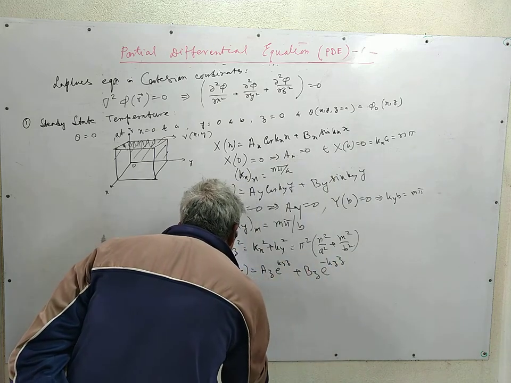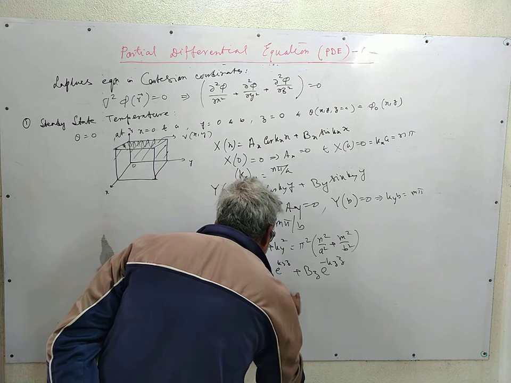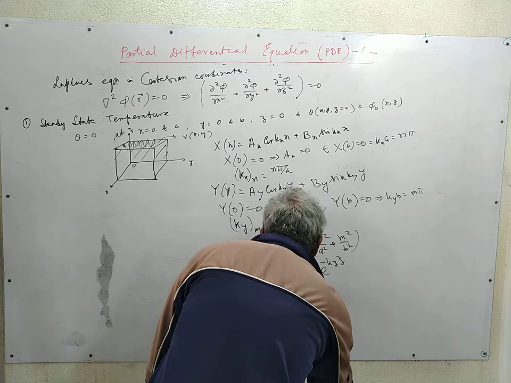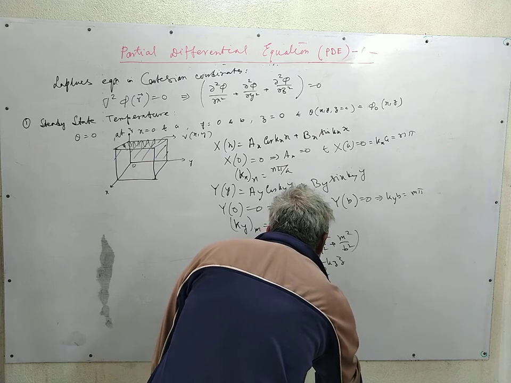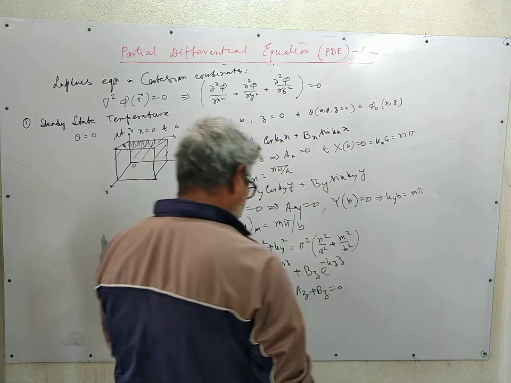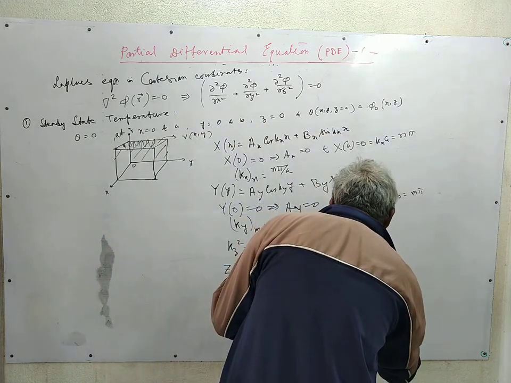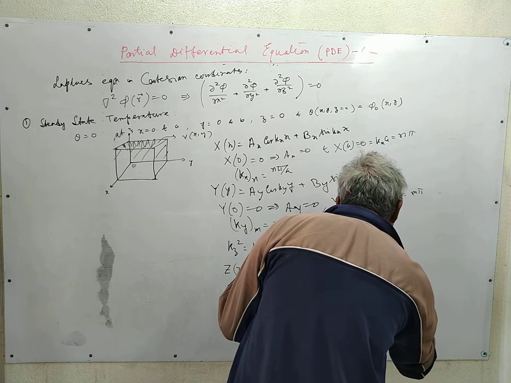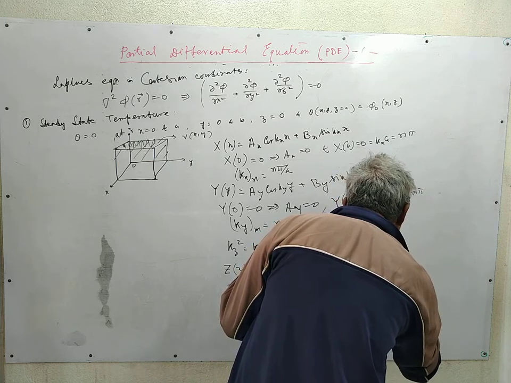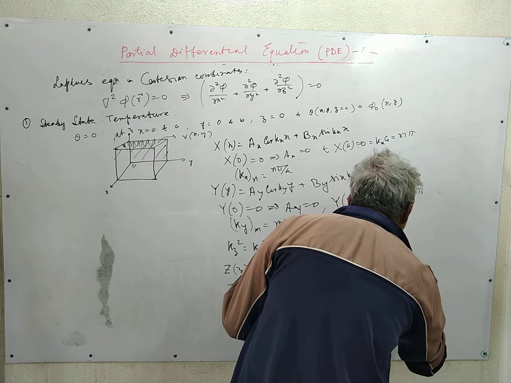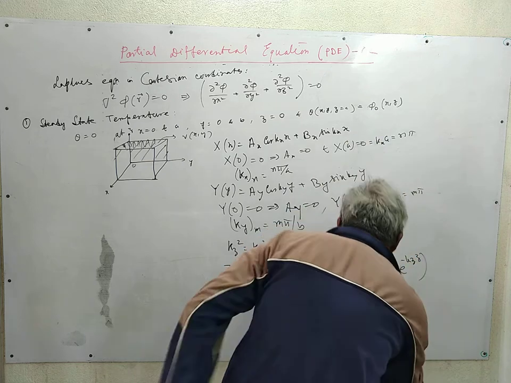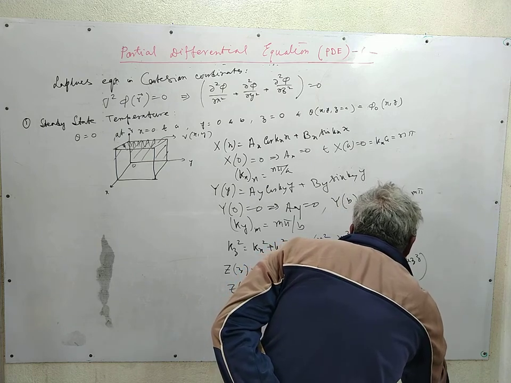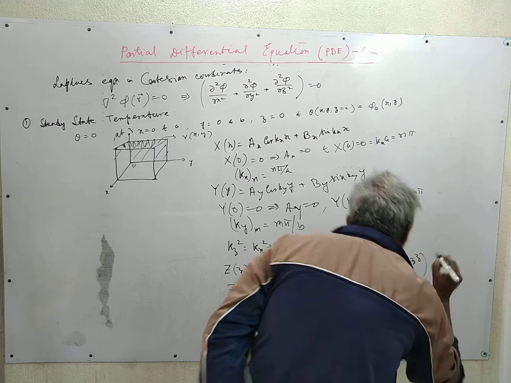The condition that Z at 0 is 0 gives az plus bz is equal to 0, so that we can write it as az times e to the power kz z minus e to the power minus kz z. So this is equal to twice az sine hyperbolic kz z.